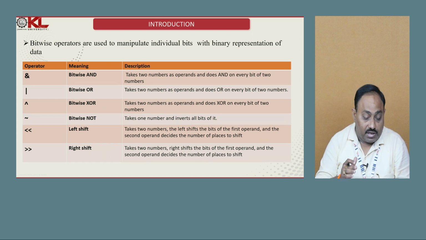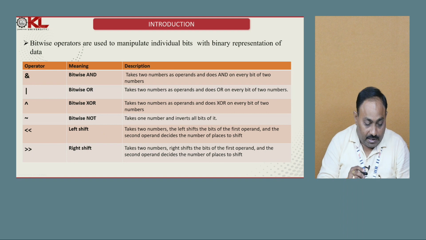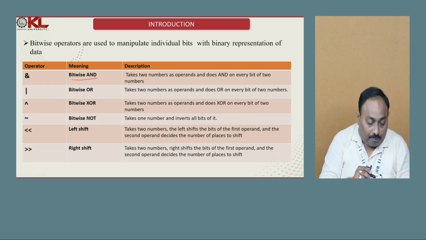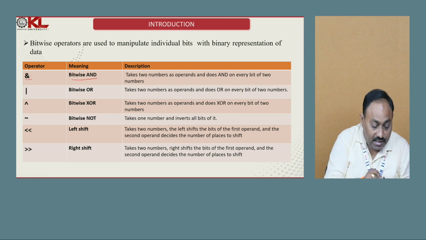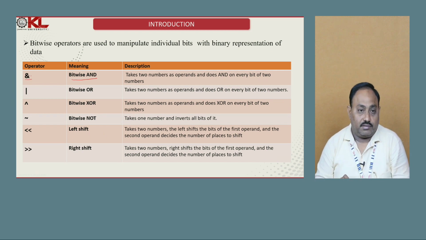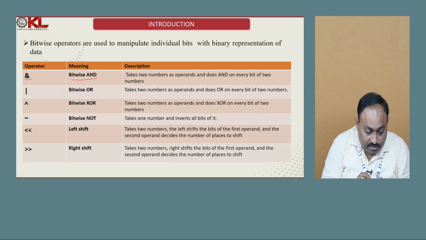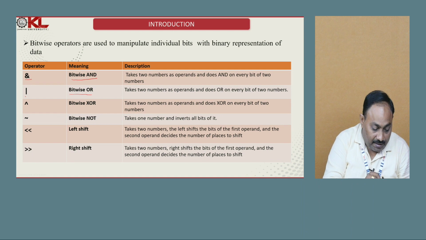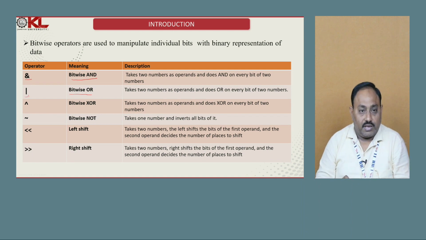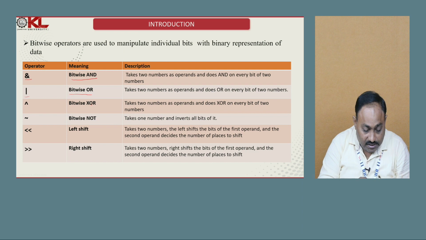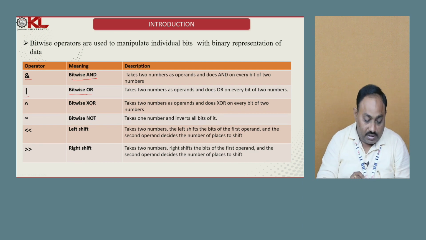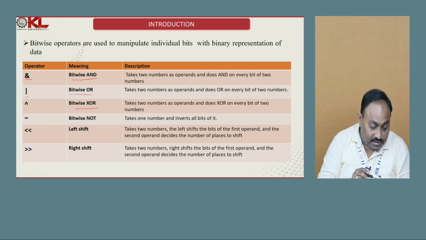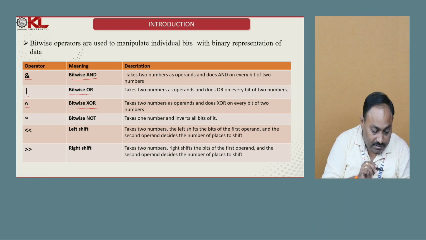If you observe this table, the first operator is the bitwise AND operator, indicated with the single ampersand symbol. The next operator is the bitwise OR operator, indicated with the pipe symbol. The next operator is bitwise exclusive OR, the XOR operator, which can be represented with the caret symbol.